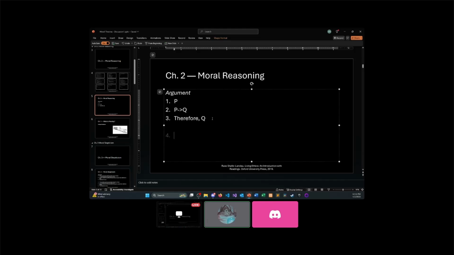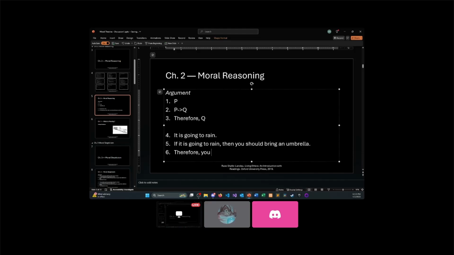So let's start with a simple thing. Maybe it is going to rain. If it is going to rain, then you should bring an umbrella.